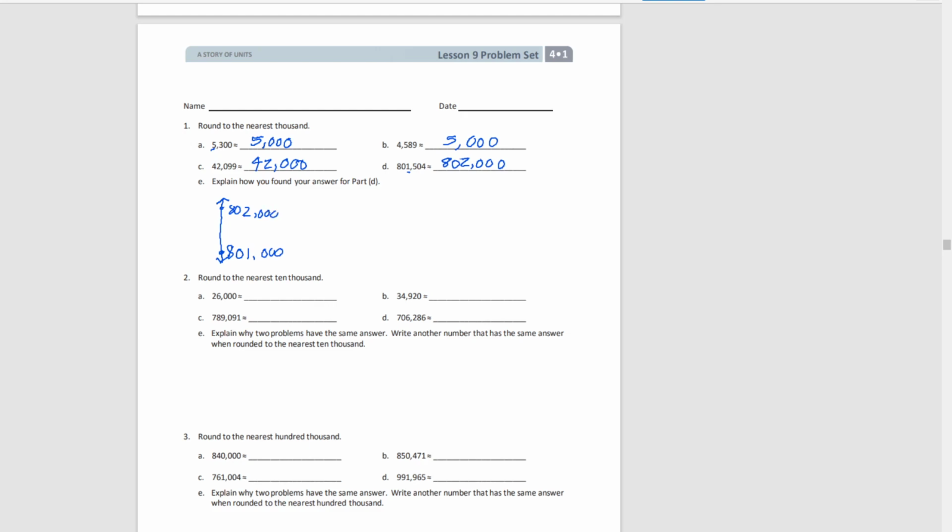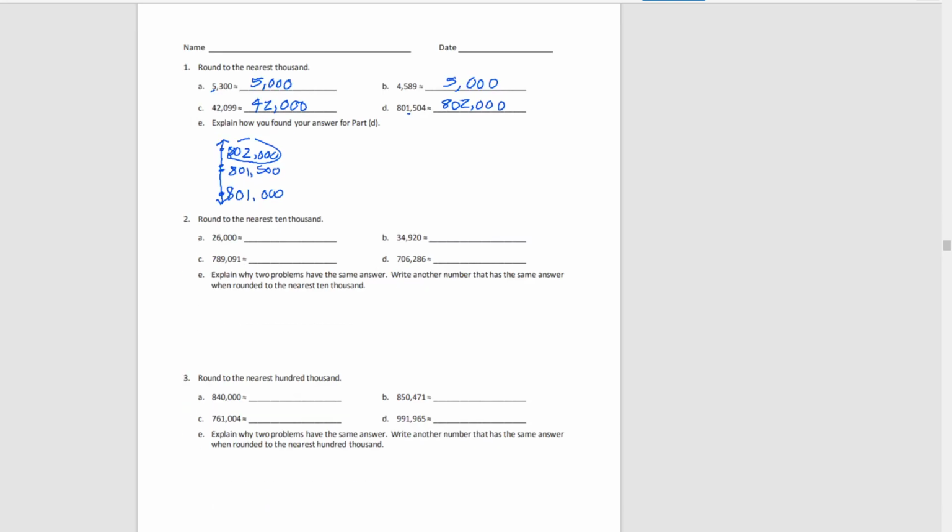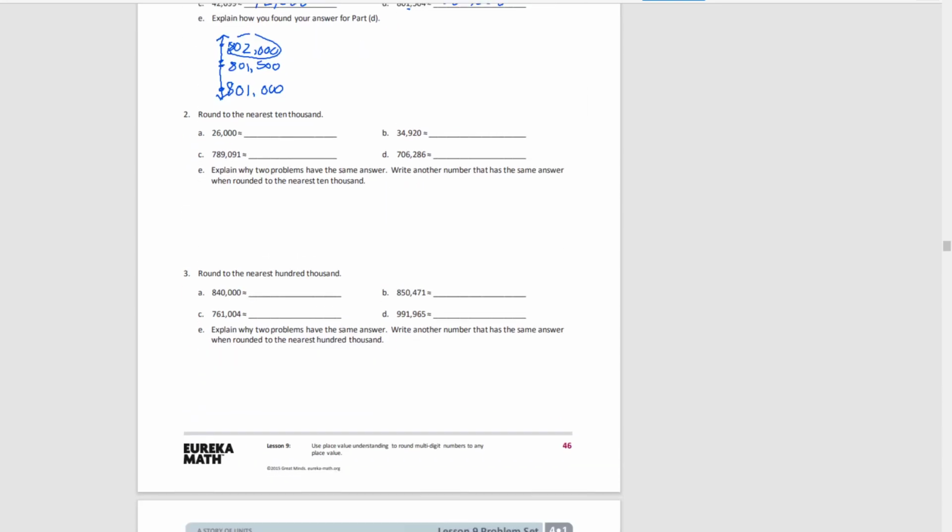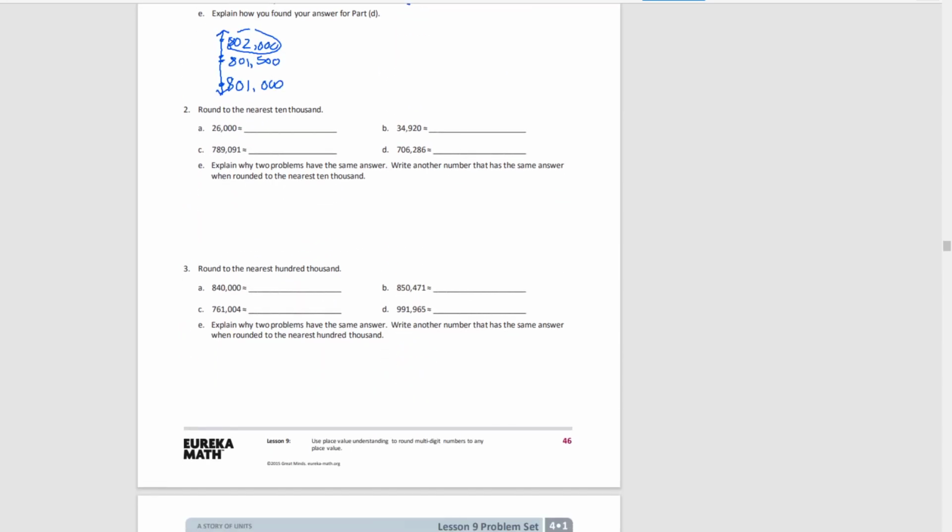And I'm going to see that my midpoint would be 801,500, and so this would be a little more than my midpoint, so I'm going to round up to 802,000. Okay, moving on. This time we're rounding to the nearest 10,000.